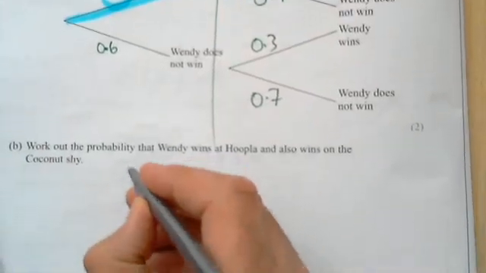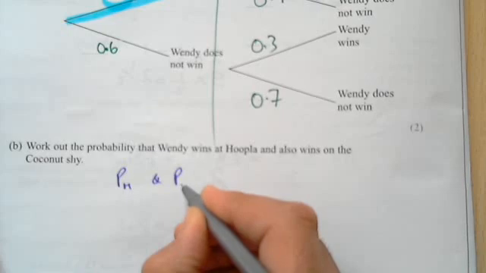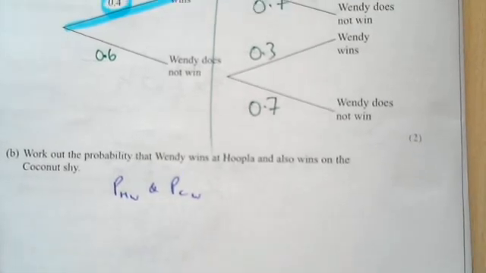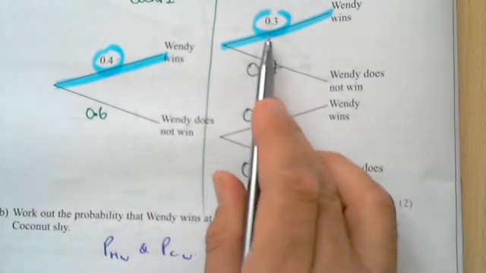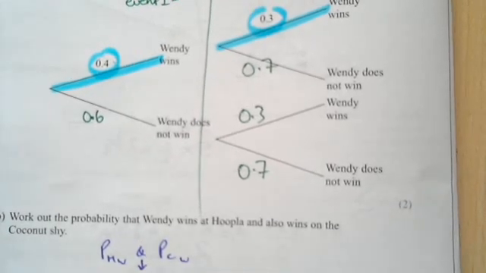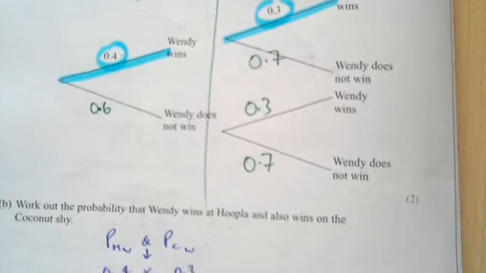The probability of hoopla, probability of the coconut shy, that's a win and a win, is going to be 0.4 and 0.3. And in probability, 'and' is changed into a multiply. 0.4 times 0.3 gives us an answer of 0.12.